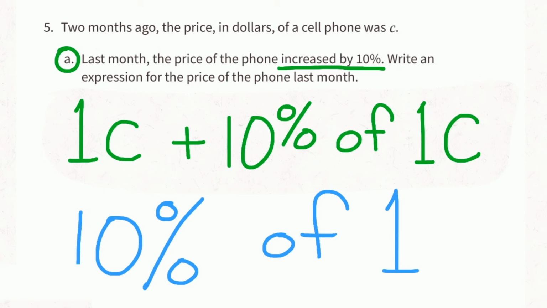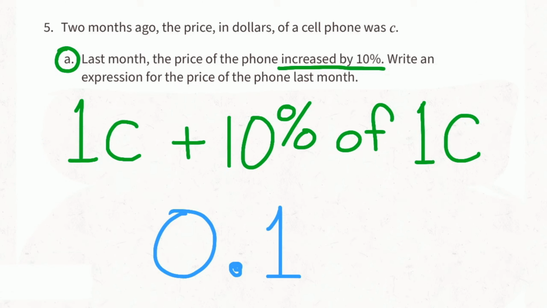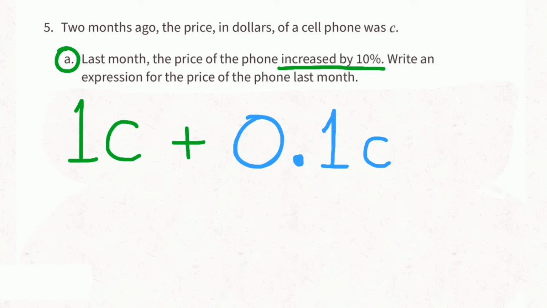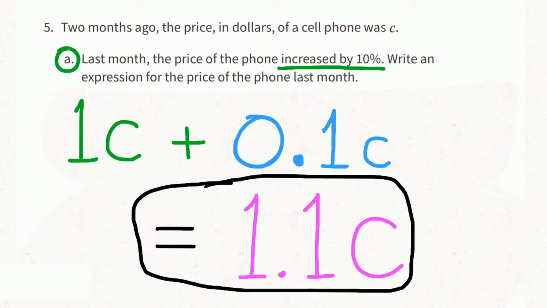Since 10% of 1 is 1/10, we need to add 1/10 to 1C, so we can start with 1C plus 1/10 C. The expression that represents the price of the phone after the 10% increase is 1.1 C.